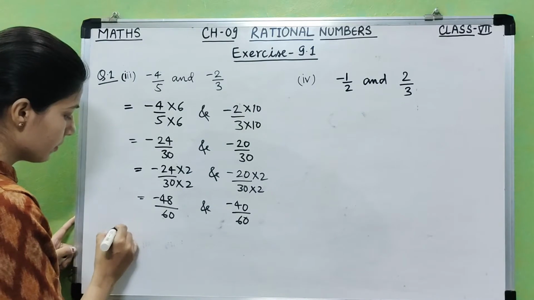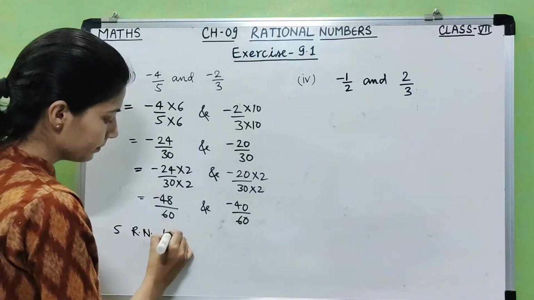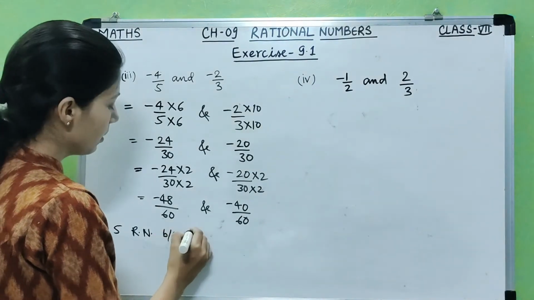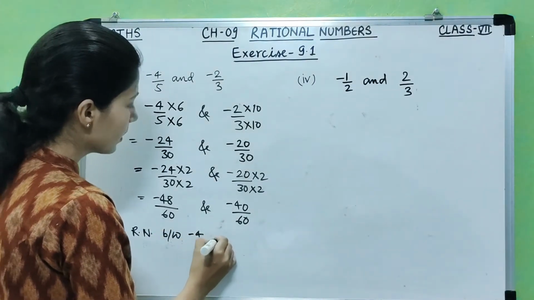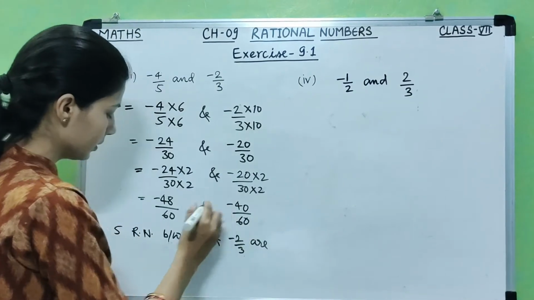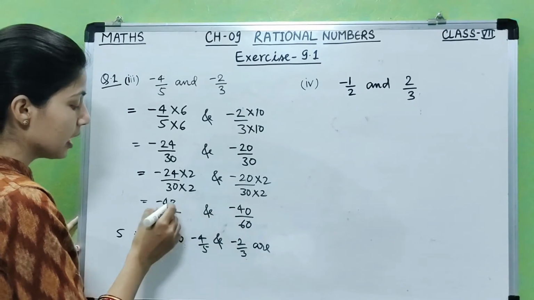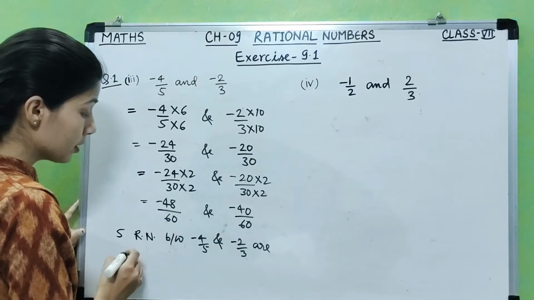Okay, so the 5 rational numbers between -4/5 and -2/3 are: any 5 you can choose between -40/60 and -48/60.